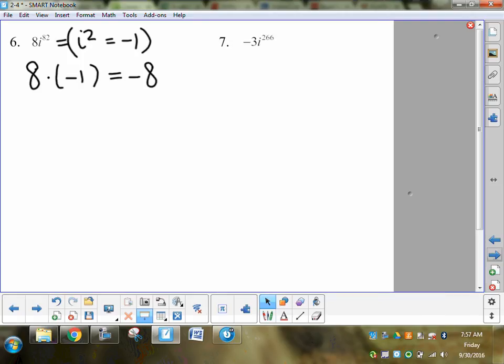Negative 3 times i to the 266th power. Think about a multiple of 4 that's near 266, and then count around from there. Who can tell me what i to the 266th power is the same as?